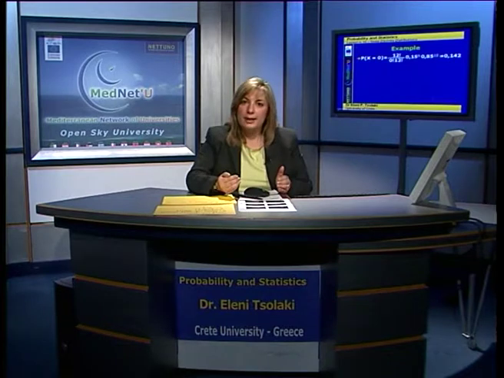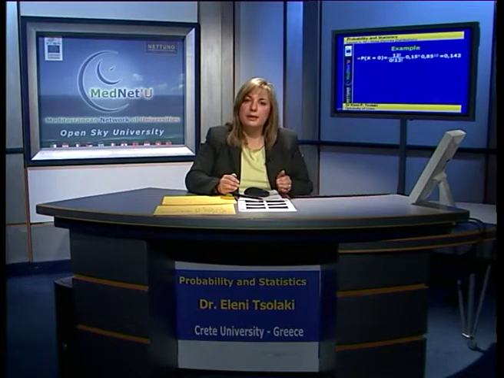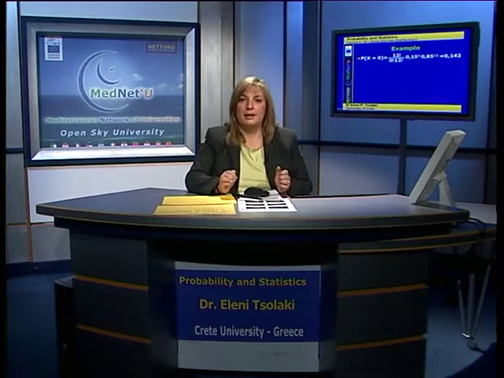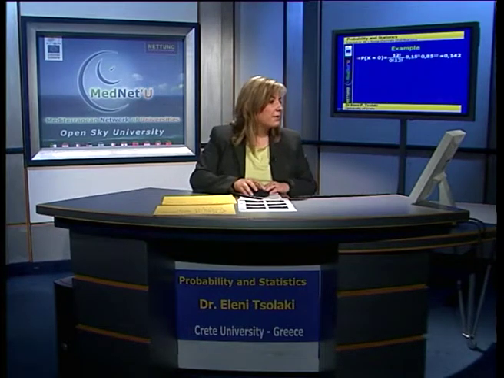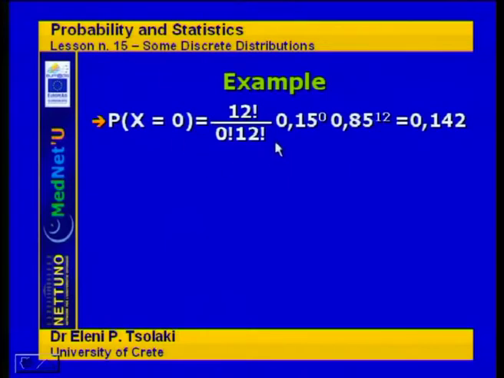And the p is the probability of observing a defective. So in this case, p, as we said before, will be 0.15, as we have said that there are 15% defectives in our batch.